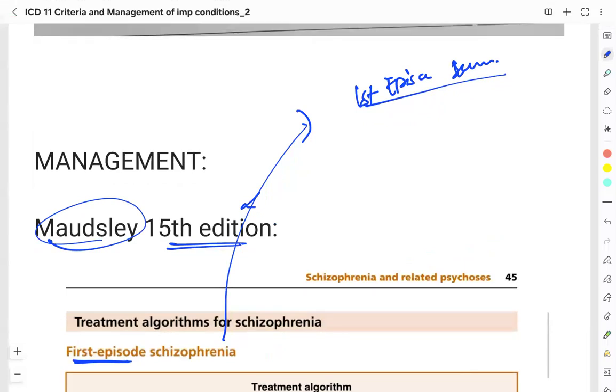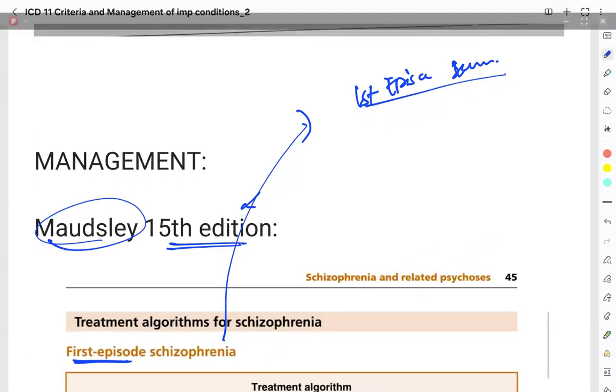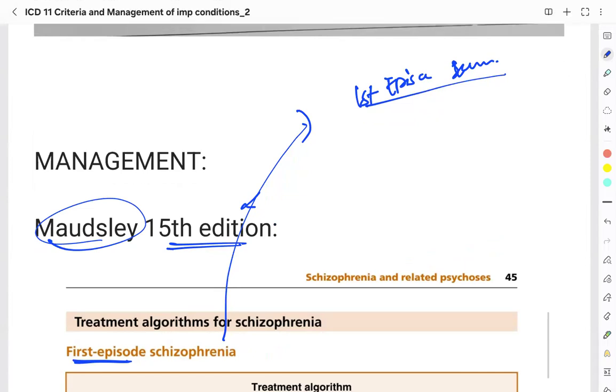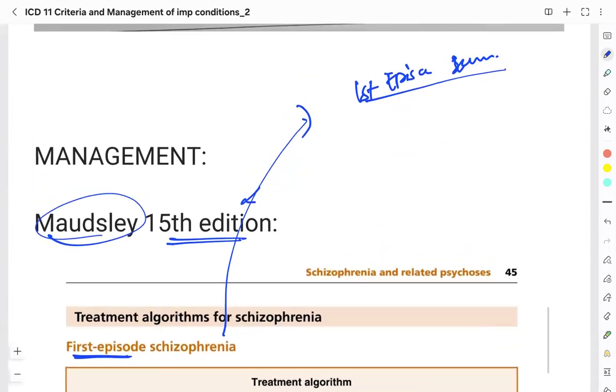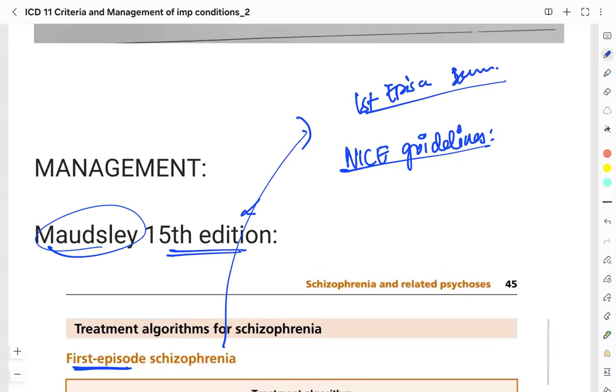We can give CBT as well, for psychosis and schizophrenia nowadays. Definitely, the treatment would be antipsychotics. If they're presenting with first episode psychosis, I'm guessing quetiapine or olanzapine, right? Second generation antipsychotics. All right.